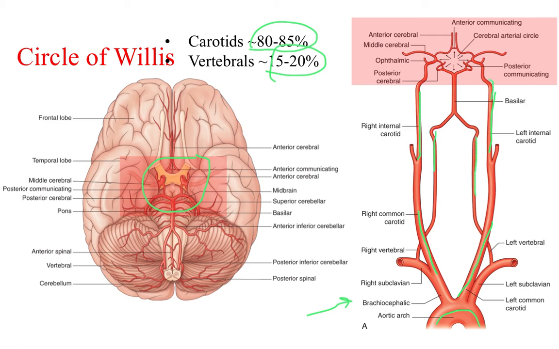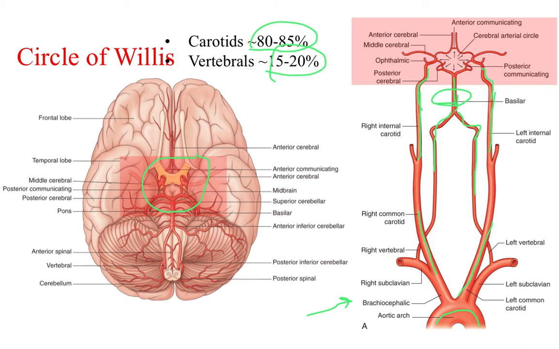So the carotid arteries come in and form the outer basis of the circle of Willis, and then the vertebral arteries come in and form the posterior portion of the circle of Willis by becoming the basilar artery.